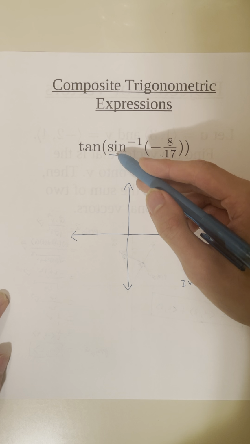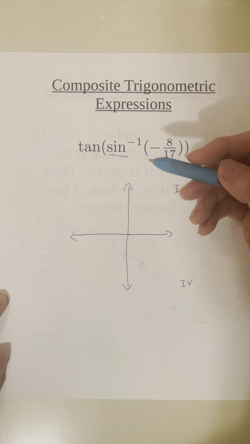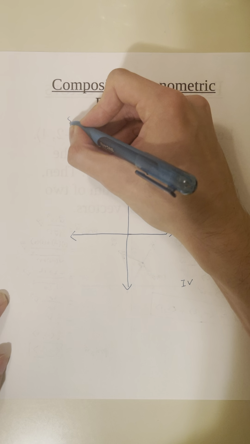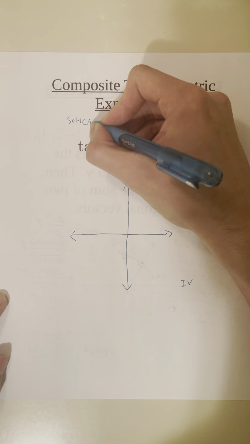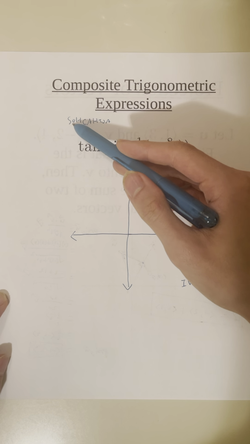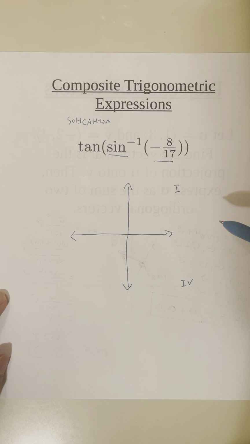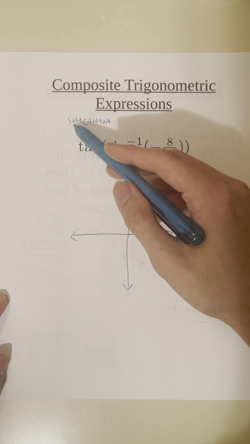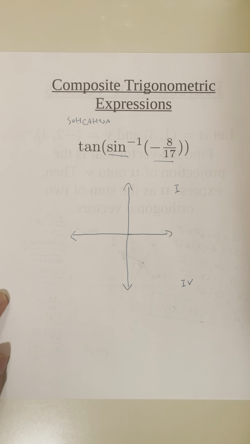So this is arc sine, and from SOHCAHTOA, sine is what side over what side. Sine is opposite over hypotenuse.